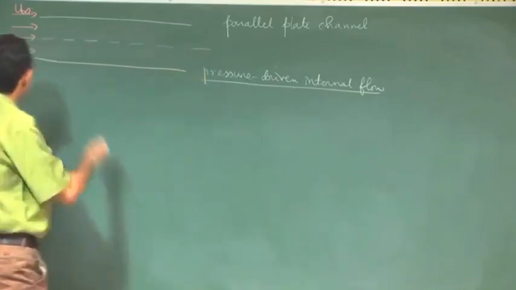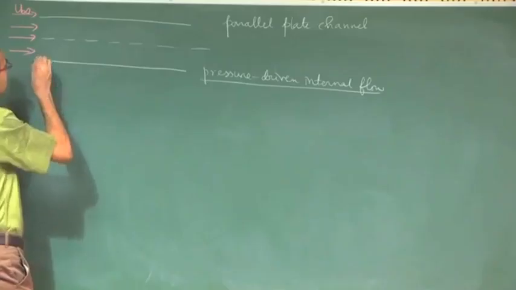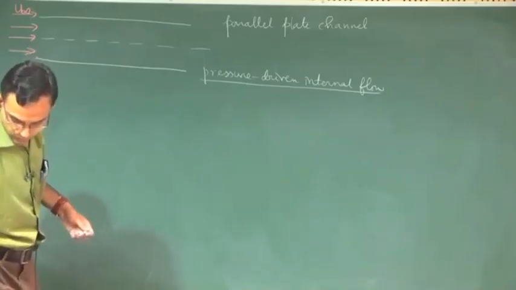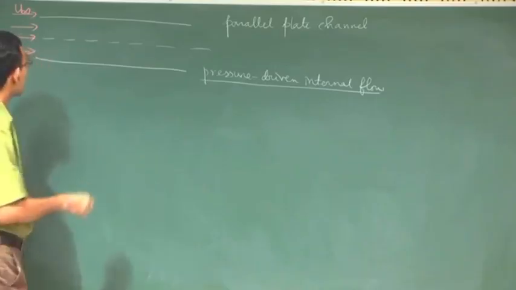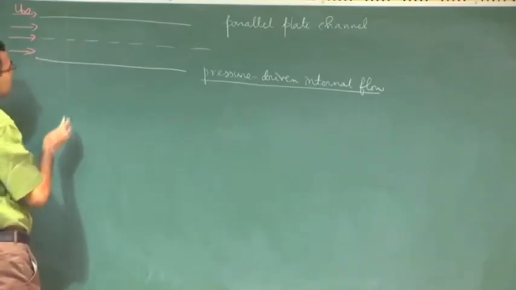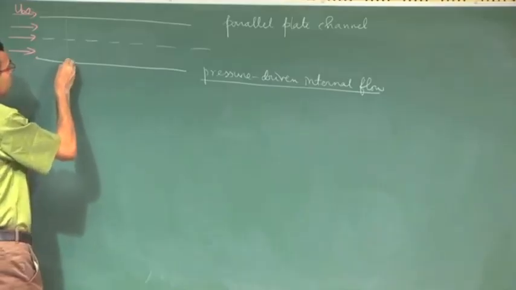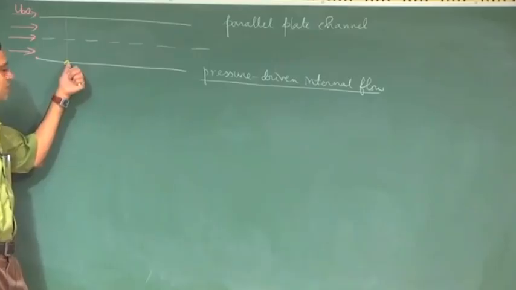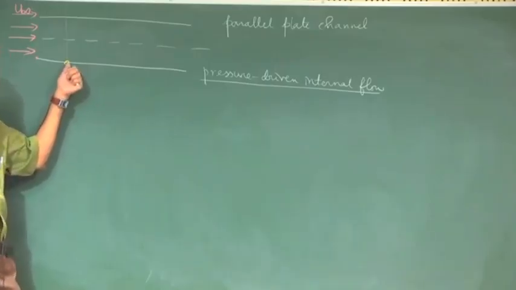When the fluid encounters the solid boundary, what will happen? Let us consider one particular section. Because of viscous effect, the fluid will come to a standstill at this location. This is called the no slip boundary condition.